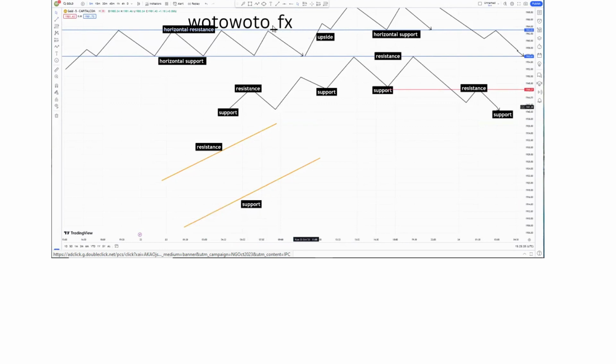So now you get to see that another formation in the market is the slanty resistance and the slanty support. Price coming from the support level to tap on the resistance level, then to come back to the support level, it taps and goes back to the resistance level. This is what price will actually be doing until it breaks here or it breaks here.